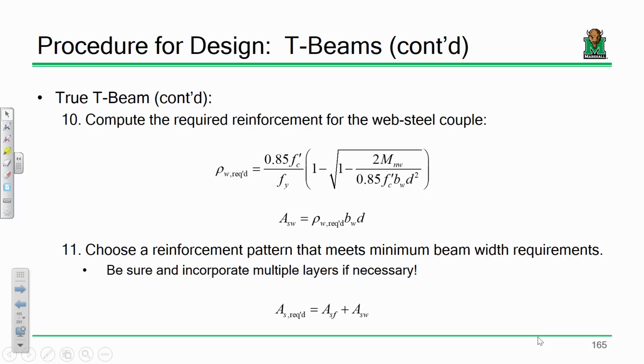So I would argue that if there's ever a time you probably need to start considering putting your steel in multiple layers, this is the time. Because you've got this really big beam, and then you have a web that's only this thin, and you've got to fit all that steel in the bottom.